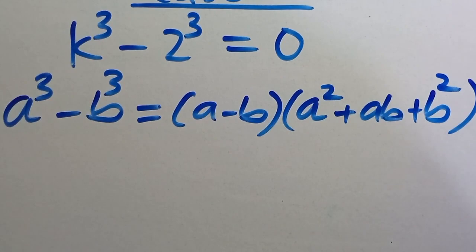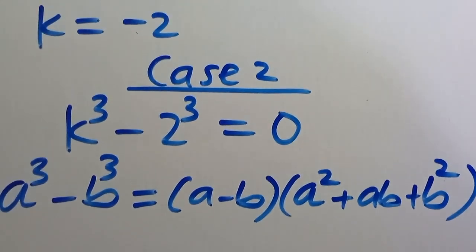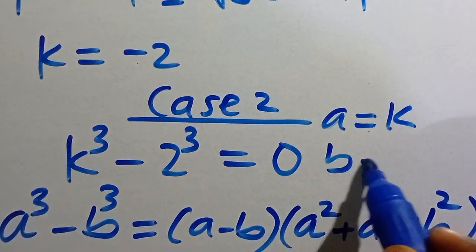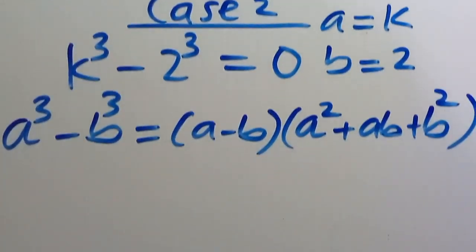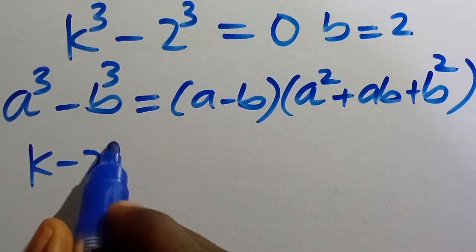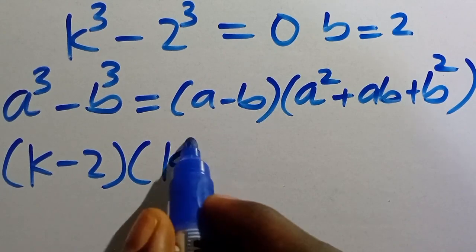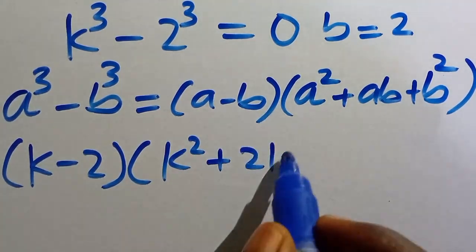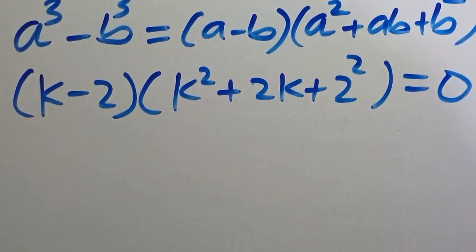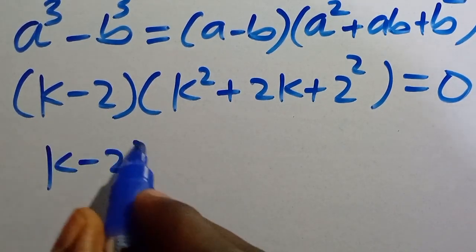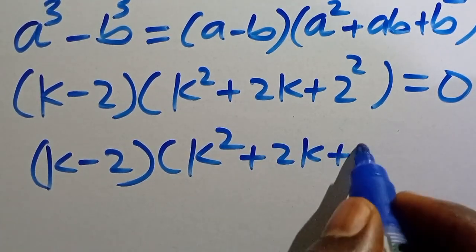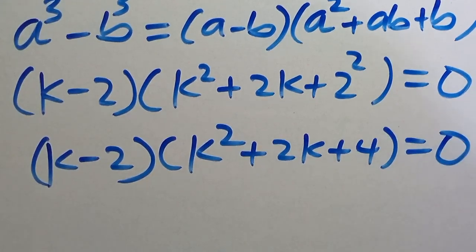So where we have a equals k, then b equals 2. So from here we are going to have k minus 2 in parentheses multiplied by k square plus 2k plus 2 to the power of 2, then equals 0. So we have k minus 2 multiplied by k square plus 2k plus 4, then equals 0.